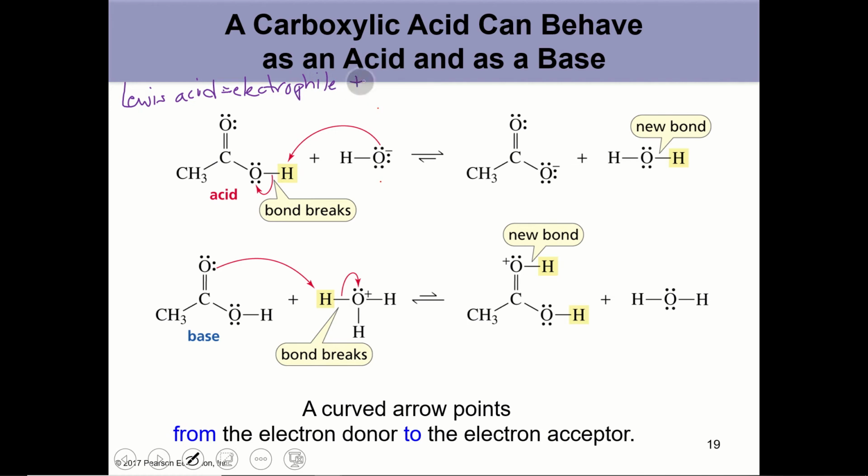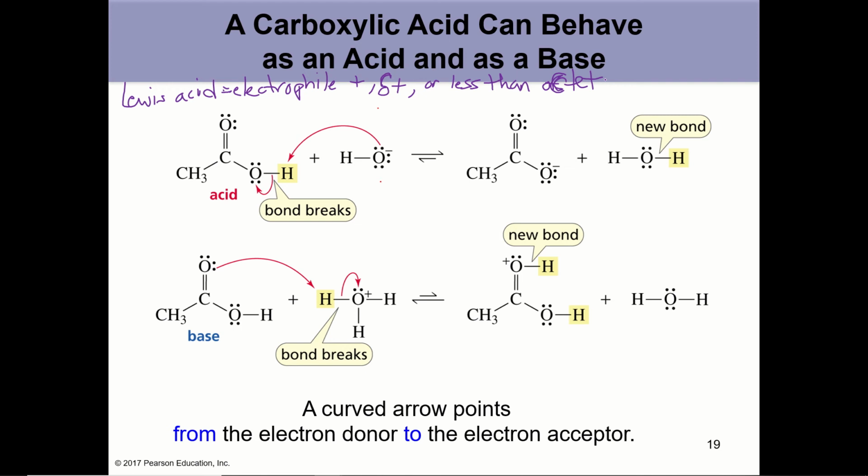It has a positive, partial positive, which is symbolized by a lowercase delta, and or less than octet. Okay, so our Lewis acid is an electron pair acceptor.